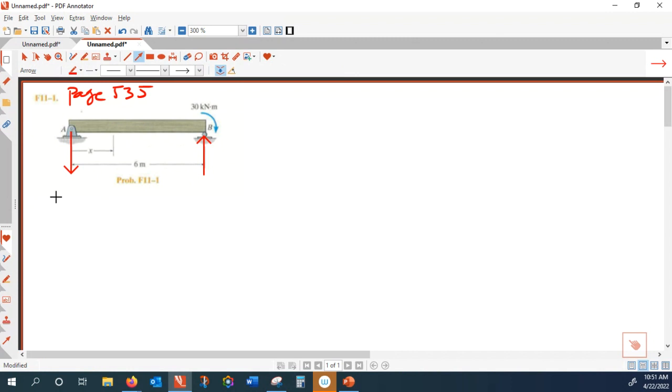It is okay if you assume both of them positive and later correct them. So here, a preliminary calculation, that is B_y is equal to T divided by 6, which is 5 kilonewton. Is that clear? How did I do it? So I put 5 kilonewton here. And then this one is also 5 kilonewton.